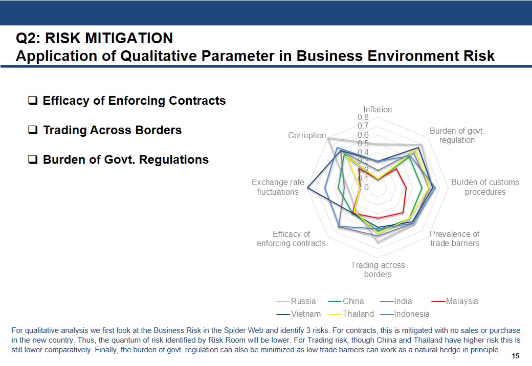For qualitative analysis, we first look at the business risk in the spiderweb and identify 3 risks. For contracts, this is mitigated with no sales or purchase in the new country. Thus, the quantum of risk identified by risk room will be lower. For trading risk, though China and Thailand have higher risk, this is still lower comparatively. Finally, the burden of government regulation can also be minimized, as low trade barriers can work as natural hedging principle.